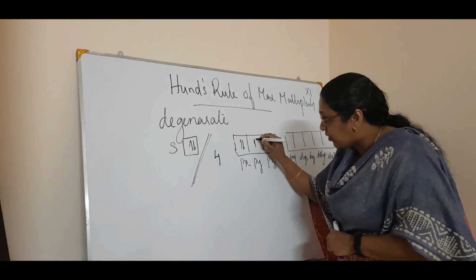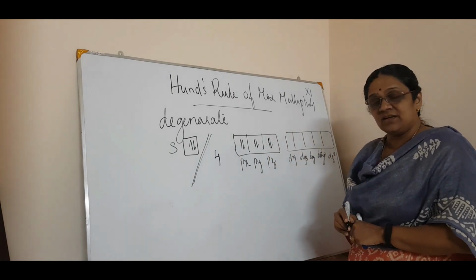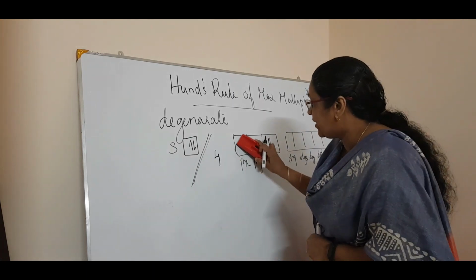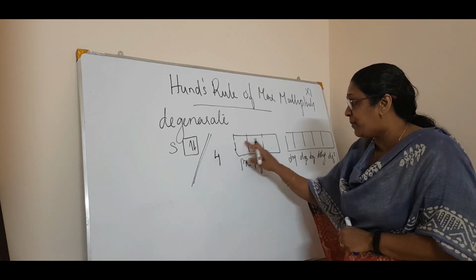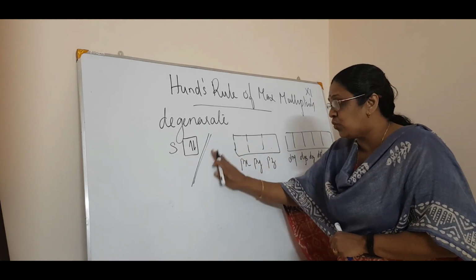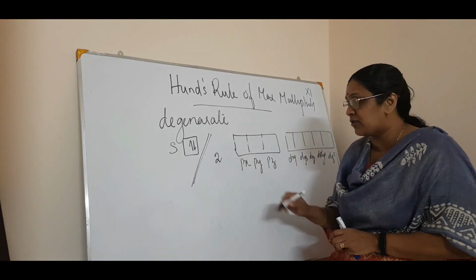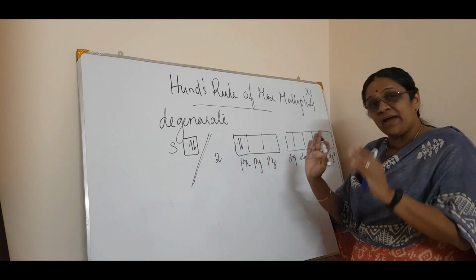The 5th electron goes like this, and the 6th electron like this. What does it mean? It means that pairing happens only after each orbital has got 1 electron. For example, if there are 2 electrons, they won't pair up and sit together.